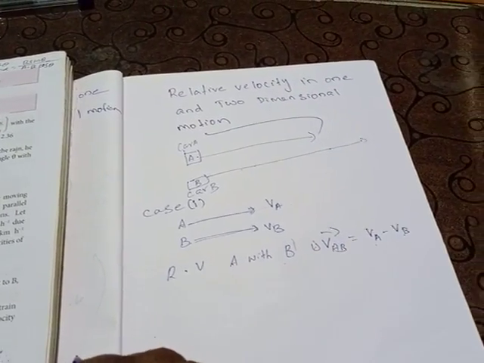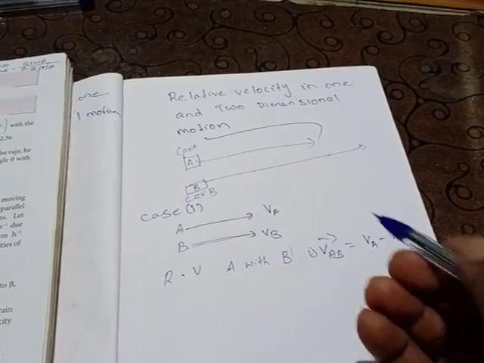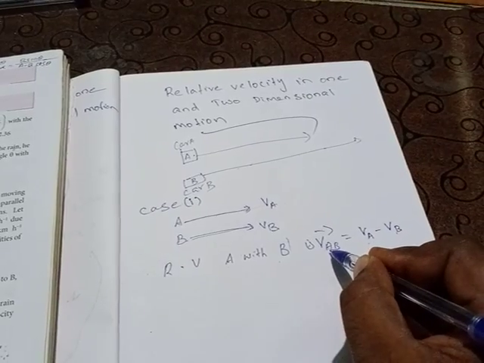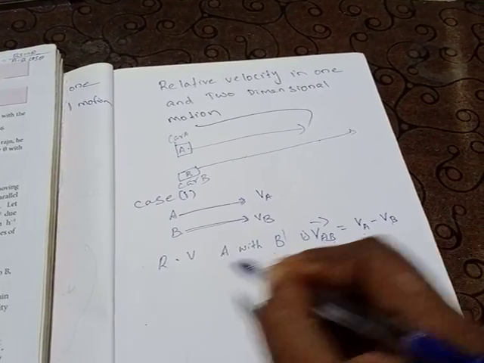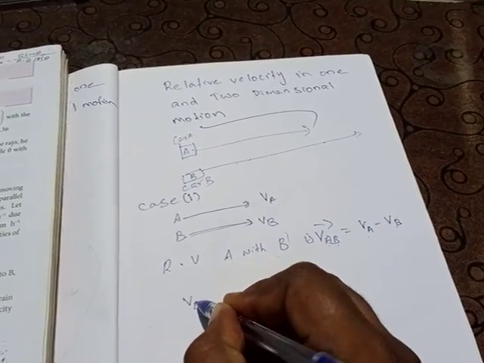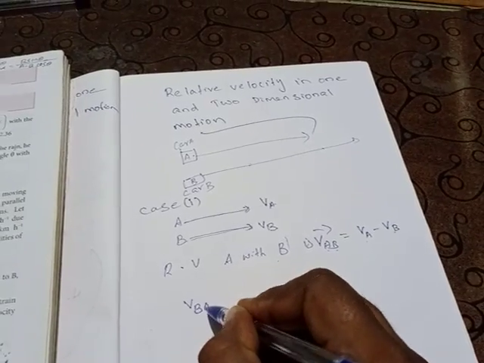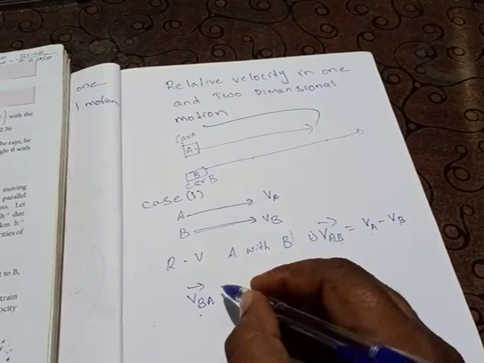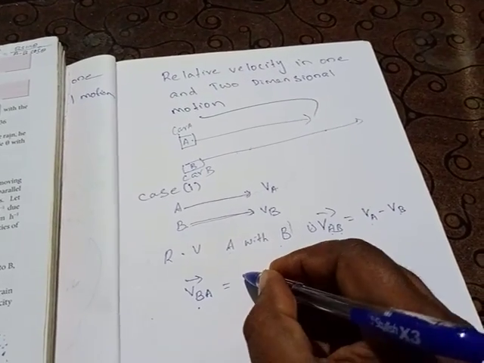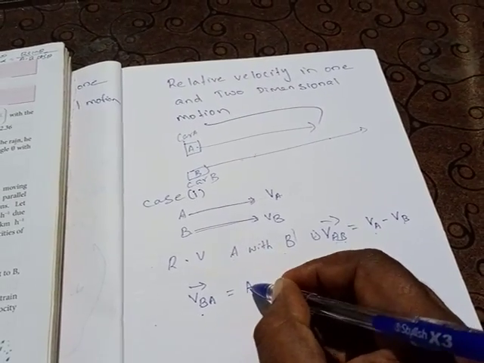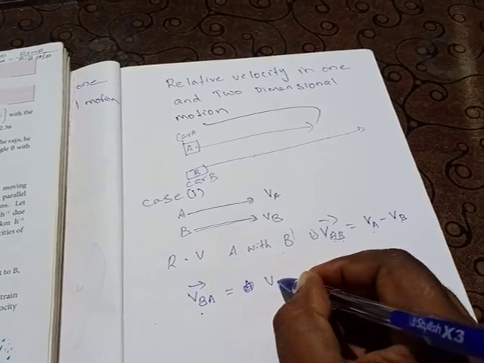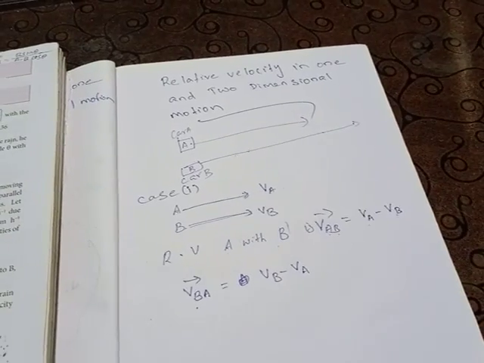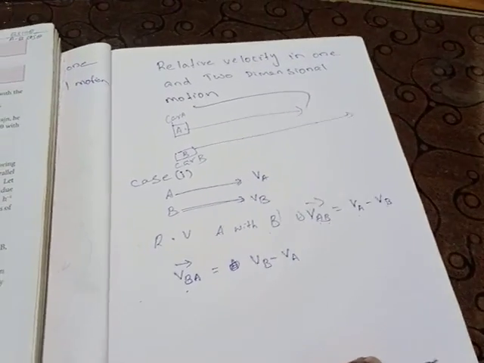This is the velocity of car A with respect to car B. Now the velocity of car B with respect to object A is VBA equals VB minus VA. So this is the first case.